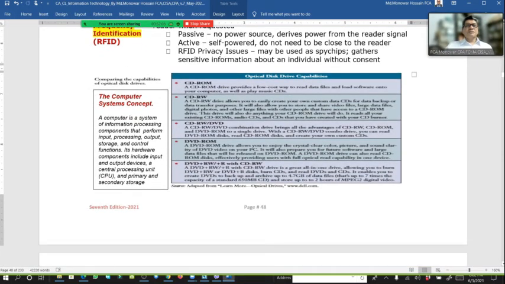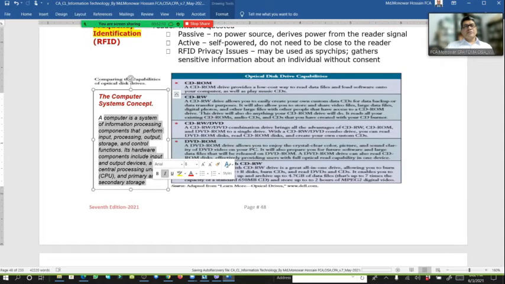So the computer system concept, we can say very shortly: a computer system is a set of information processing components that perform input, processing, output, storage, and control functions. Its hardware components include input and output devices, a central processing unit, the CPU, and primary and secondary storage.